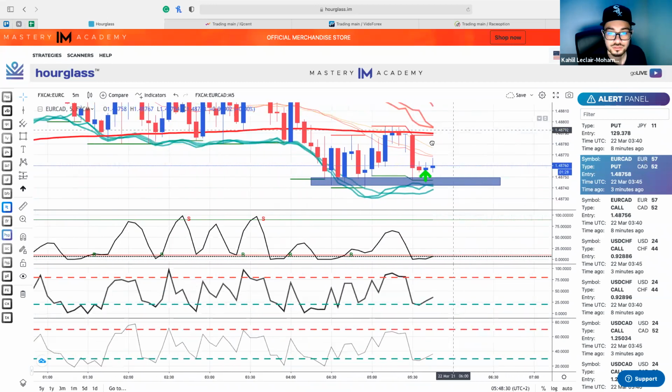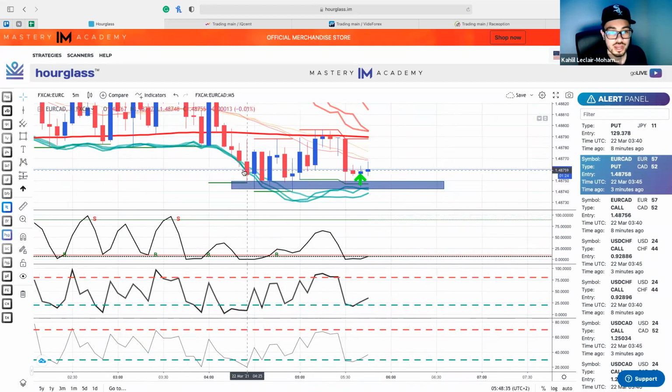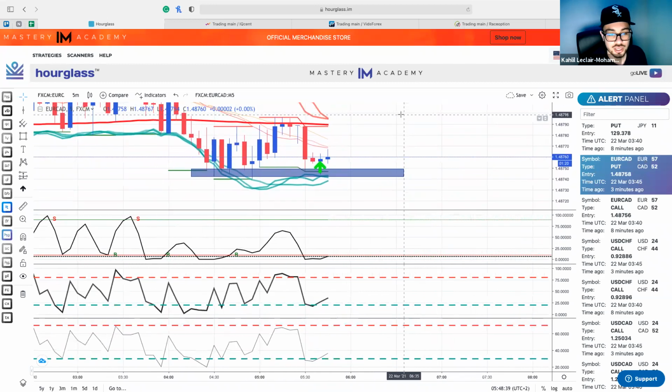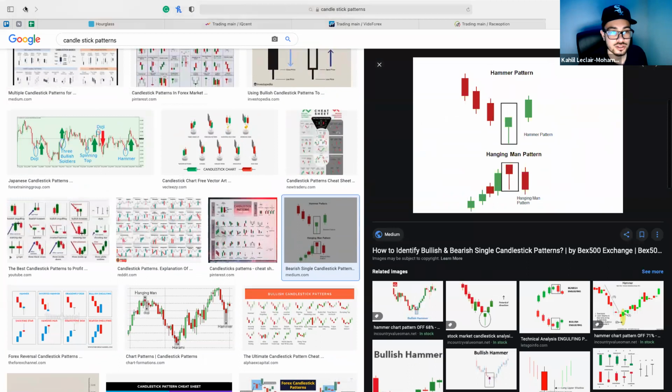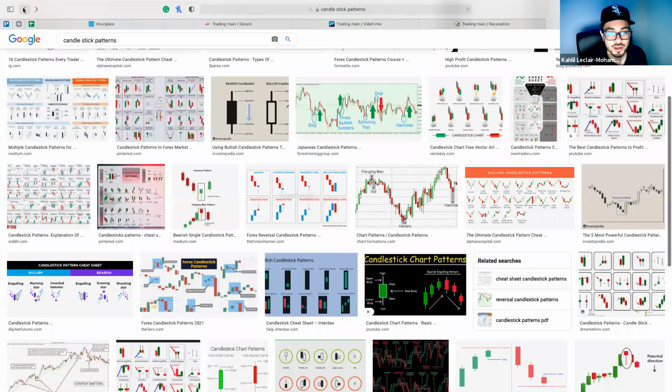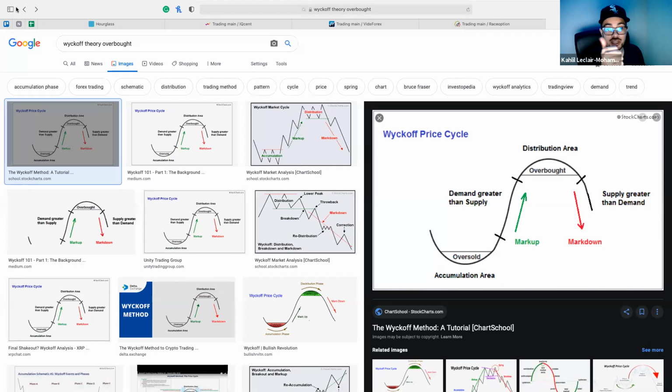Okay, awesome. So now that everybody understands what I'm looking for, I'm going to go over the confirmations again. You want the indicators to be in an oversold or overbought area. That's the first confirmation, up or down arrow.